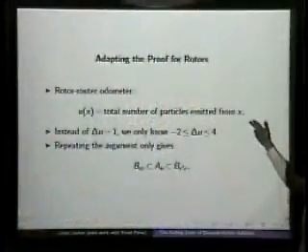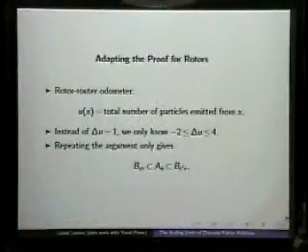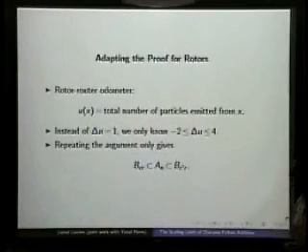In particular, at first the situation for the rotor-router seems not so hopeful because, well, we can define an odometer function analogously, just counting the total number of particles which were emitted from a site.